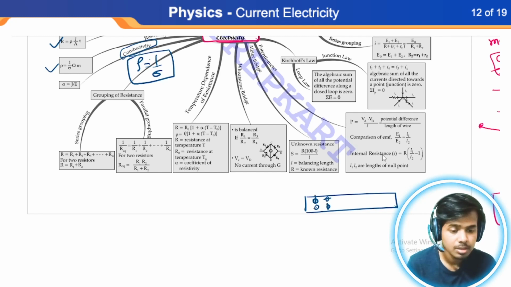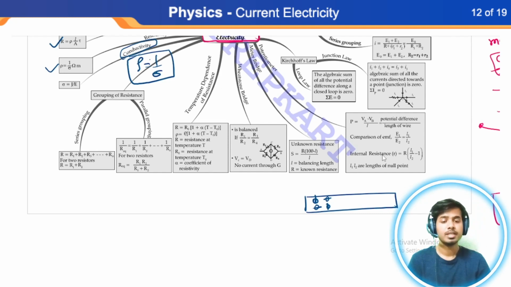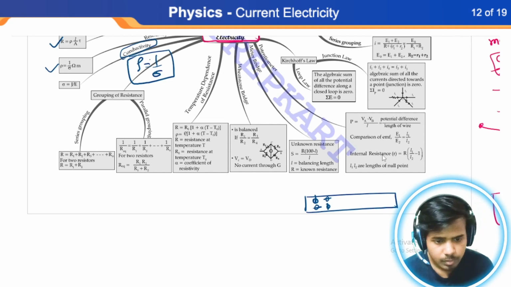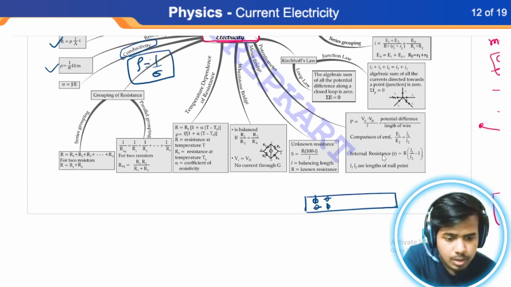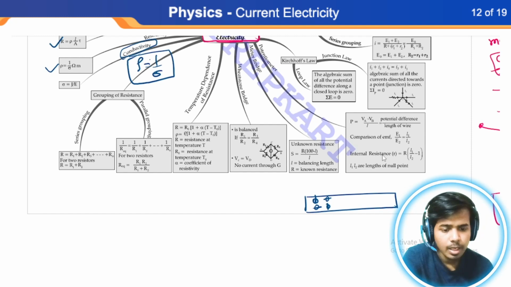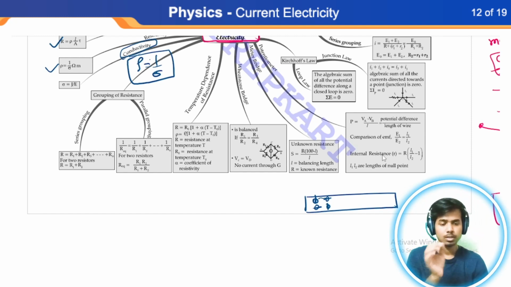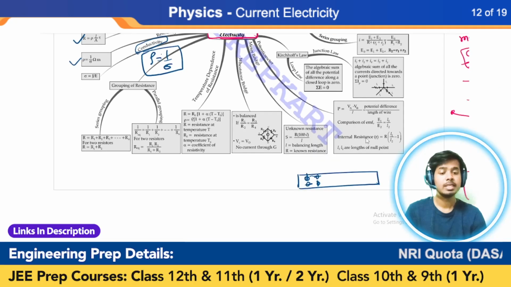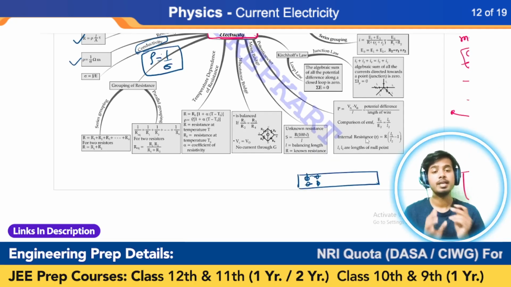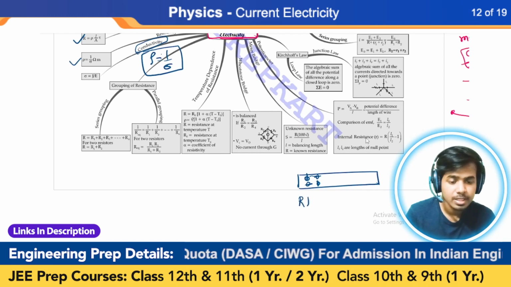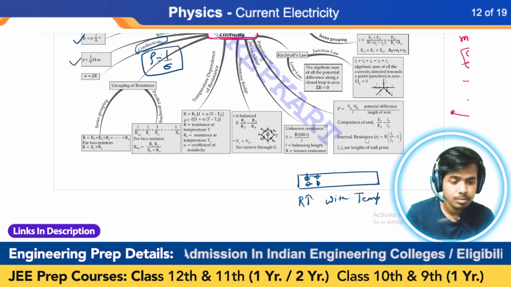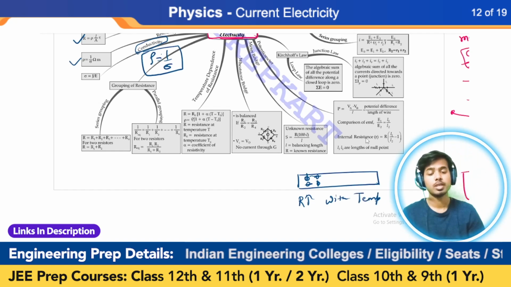They vibrate, and while they vibrate, the tendency of the electron to strike another atom increases, right? Because it is random motion, due to which resistance increases with temperature, because more the temperature, more the vibrations will be there.